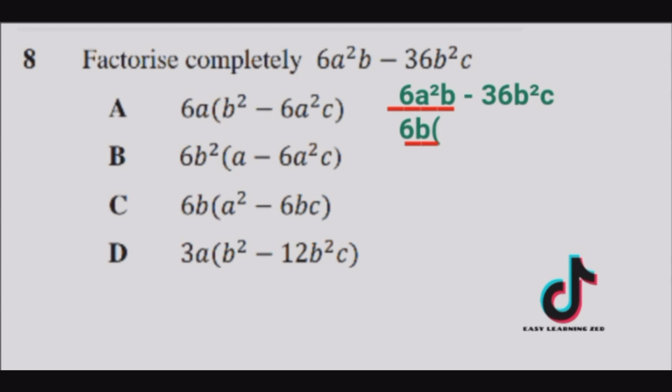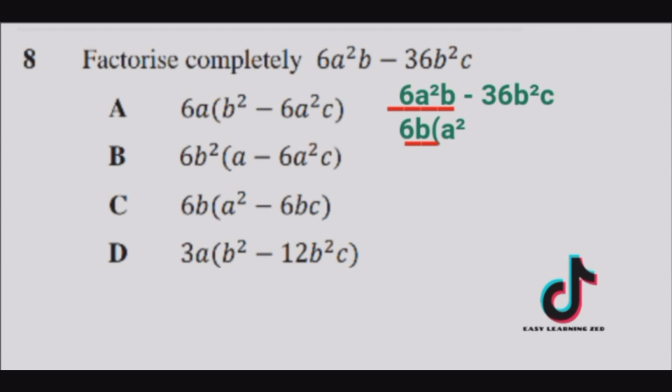The 6 on top will be cancelled and the 6 down will be cancelled. The b down will be cancelled and b on top will be cancelled, leaving us with a squared, which I'm going to write. Now let me just remove these crossings. That's basically what I was doing.